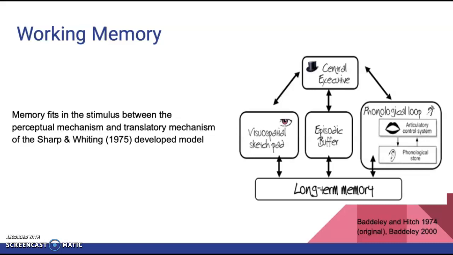The Visio-Spatial Sketchpad stores spatial and visual information. However, feelings and actions get stored into long-term memory to then change the way any information is processed in the near future.